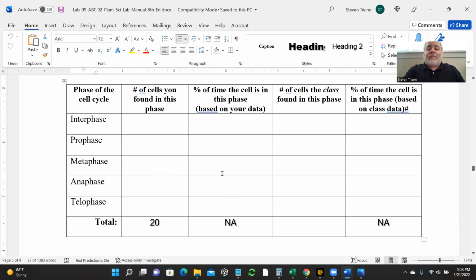Let's just say, for example, out of 20 cells, 10 were in interphase. 10 out of 20 is 50% of the total, right? 50%. So your percentage time should be the same as the percentage of number. So if you found 2 in interphase, it would be 2 over 20, or 1/10, or 10%.